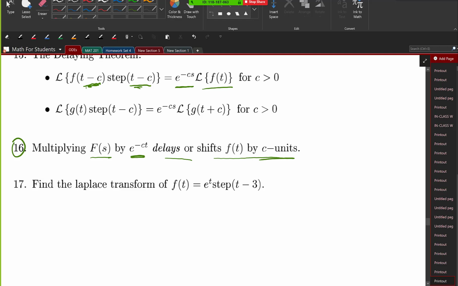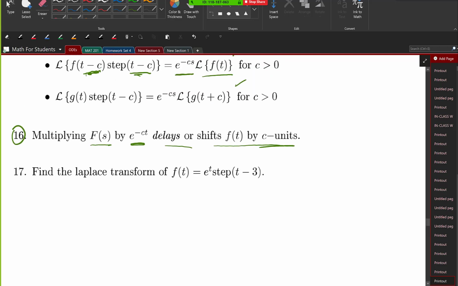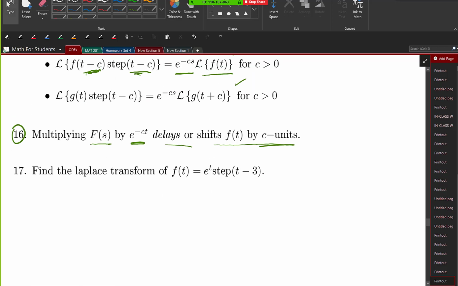So that's at least one formulation, and that helps with thinking about this one here. But I don't have a good way really to think about this one here, and I don't have a good way to think about doing the Laplace transform, only about doing the inverse transform with it. But regardless, we're just going to follow these two formulas, and we're going to stick to the script. So let's look at the Laplace transform of this function here.